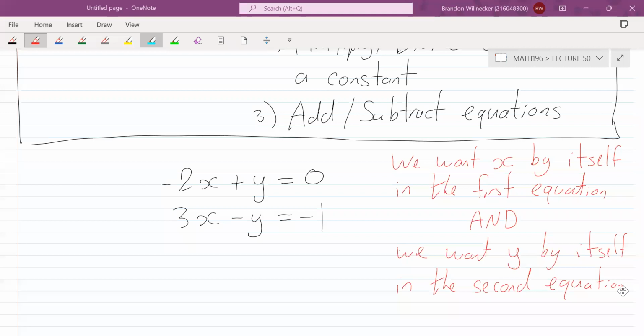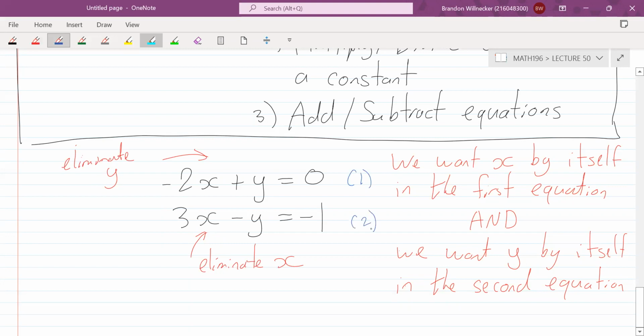And in the first equation, we want to eliminate y. Okay, then that will give us x equals something and y equals something for equations 1 and 2. So that's 1 and that's 2.